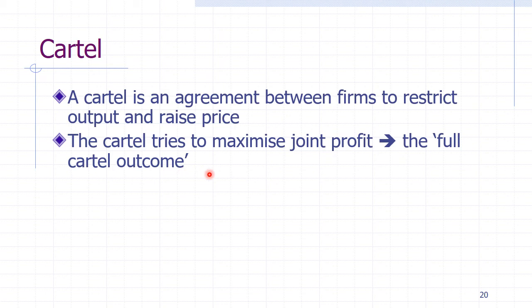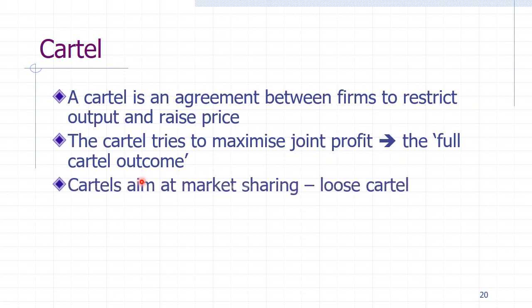This is the full cartel outcome. Cartels aim at market sharing or a loose cartel. Actually, they are trying to distribute any losses even. If there are losses, they should distribute those losses as well as profits.